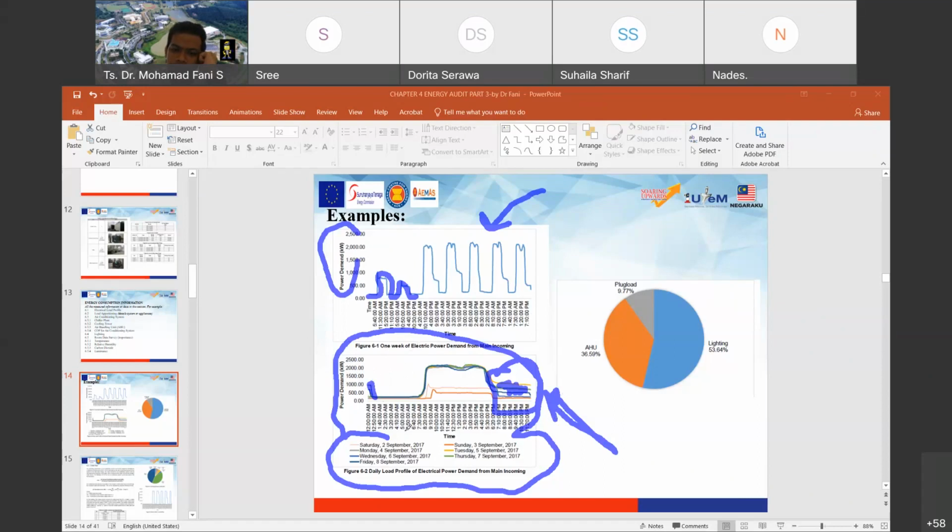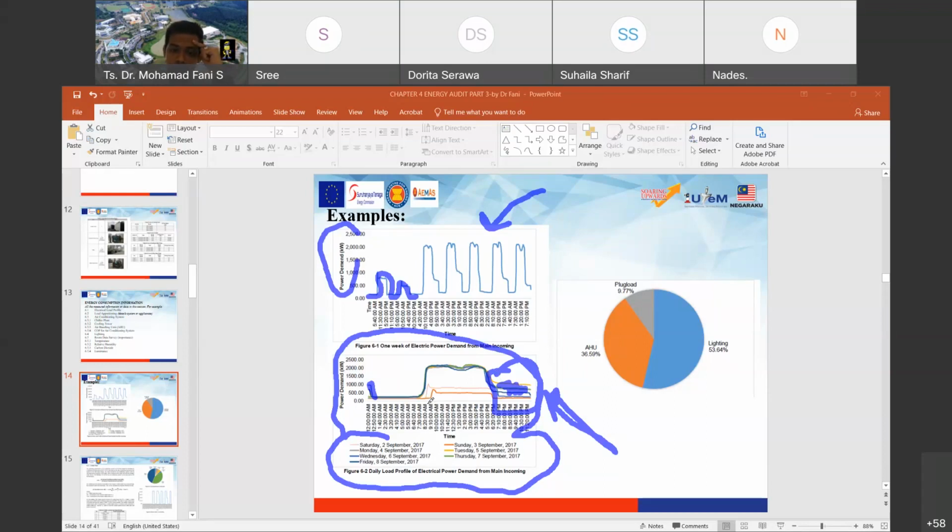And you can advise the consumer if there is any abnormal reading for their load profile, and you can consider it something like losses for the energy.